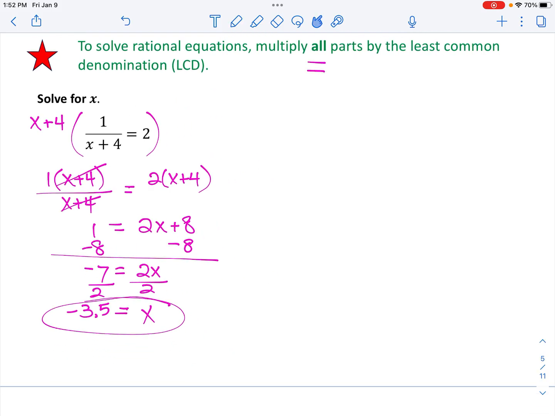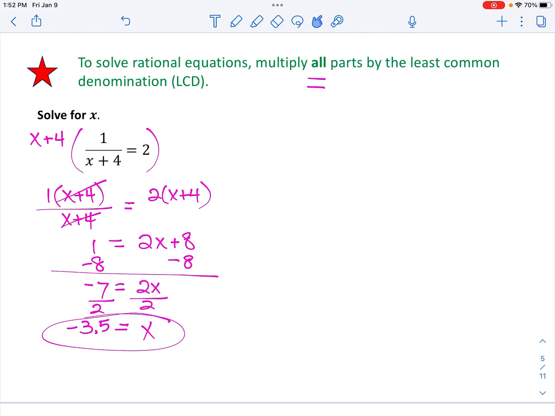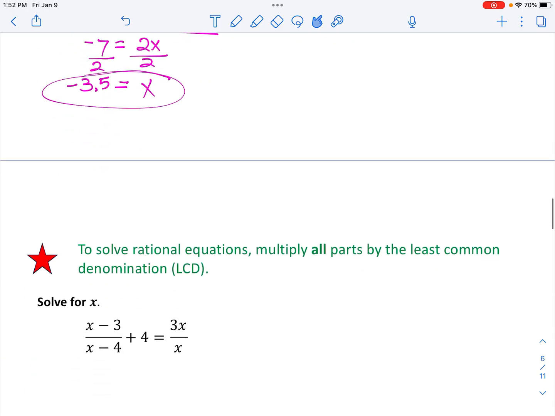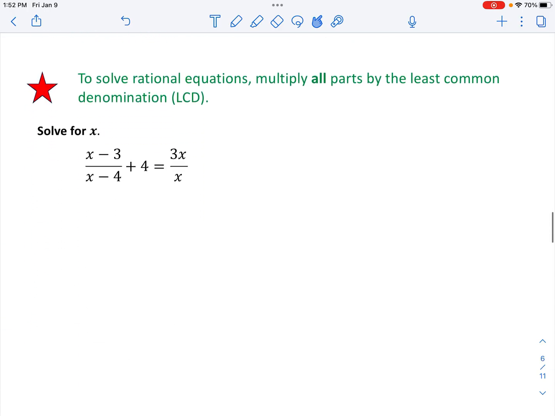So this is how we solve rational equations, whether they're relatively simple like this one, or they get a little bit harder. Okay. So let's try one that's maybe a touch harder, and see if this makes sense to you. So you'll notice here I have a denominator in this one of x minus 4.